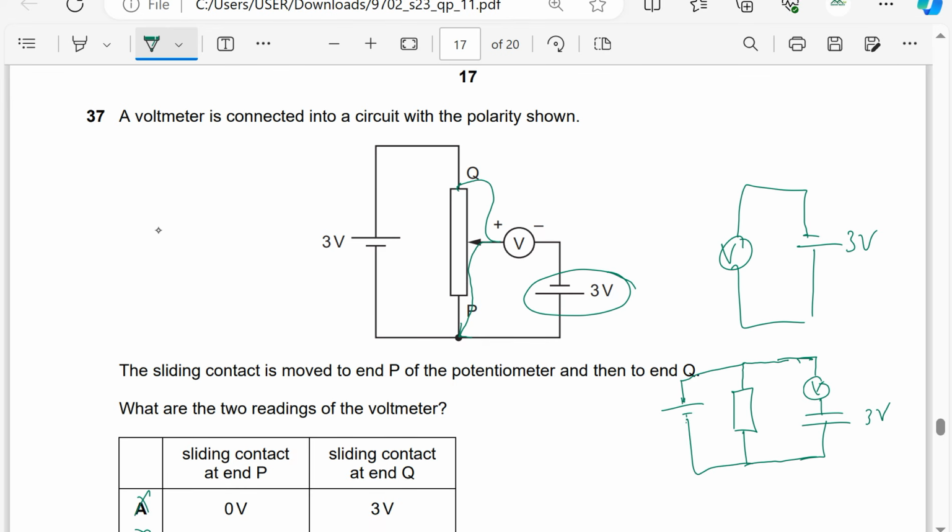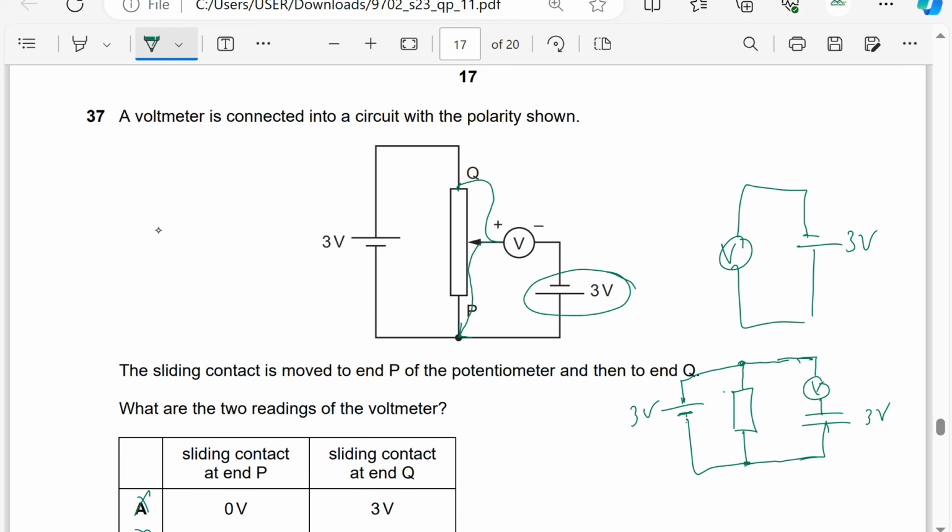So it's like the voltmeter is giving the potential between these 2 points. And the potential here, if this is 3 volts, it's like the potentials are going to be adding up.